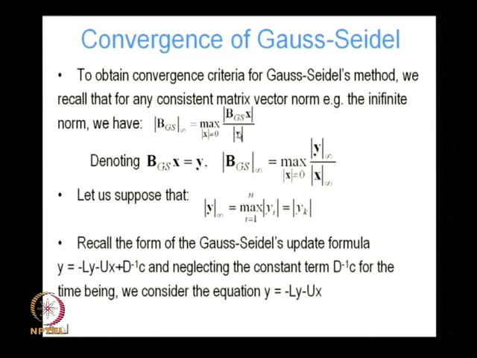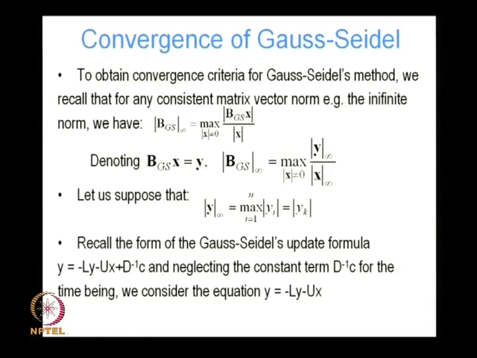We find the norm of B_GS x divided by the norm of x, and whatever value we get by maximizing that is going to be my infinity norm for the matrix. This is our definition of a consistent norm, which we talked about earlier on.